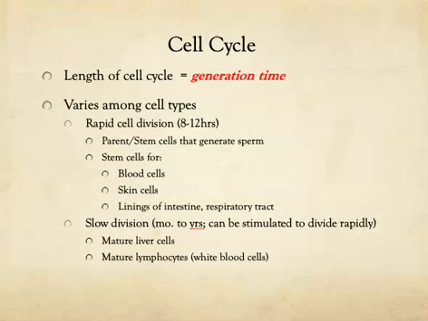The lining of your intestine, the lining of your respiratory tract is also constantly being replenished. There are also certain blood cells that are produced very rapidly in the human body. The parent cells or the stem cells that generate sperm in the male also divide quite rapidly. Now, by rapidly in a human being, we're talking about a generation time of about 8 to 12 hours.